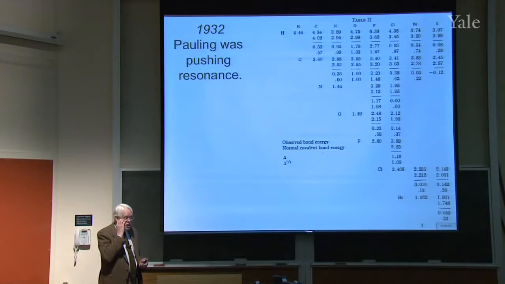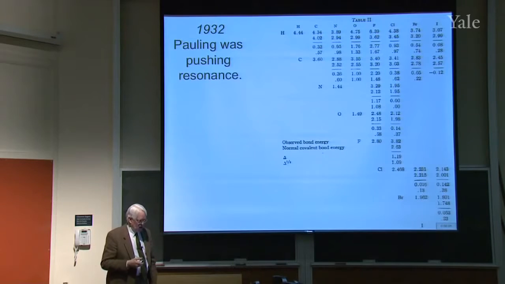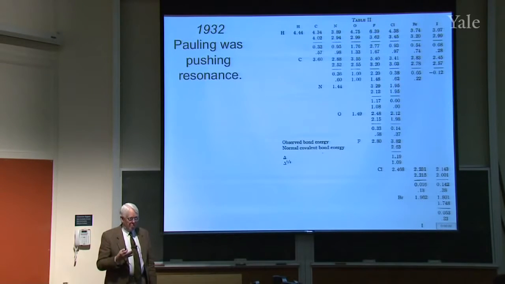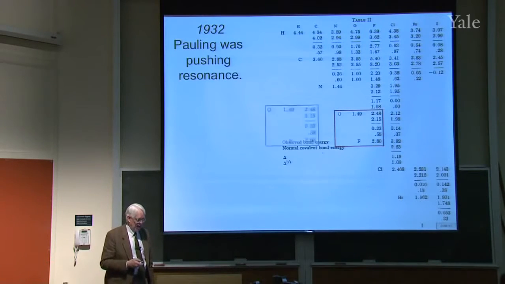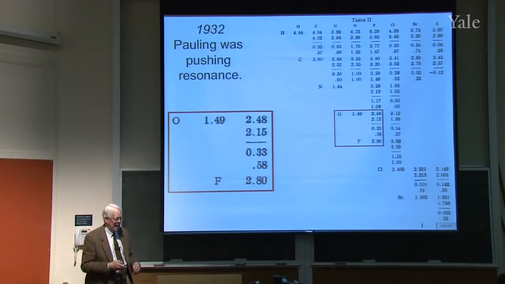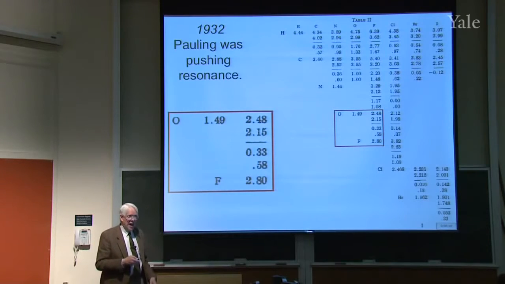Right? So he has this rather complicated Table 2 in the paper, which has observed bond energies, normal bond energies, delta, and the square root of delta. Okay, now let's show how that works by taking one particular block here. So we're comparing oxygen and fluorine, okay?